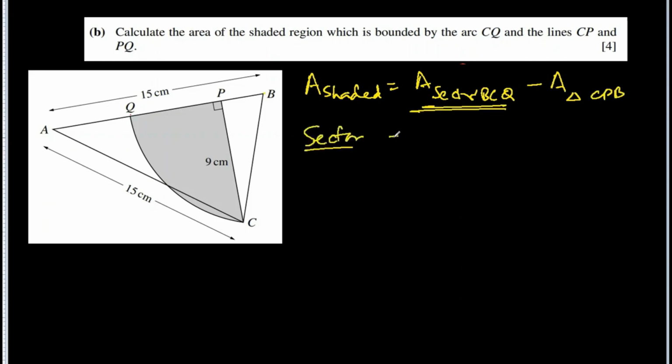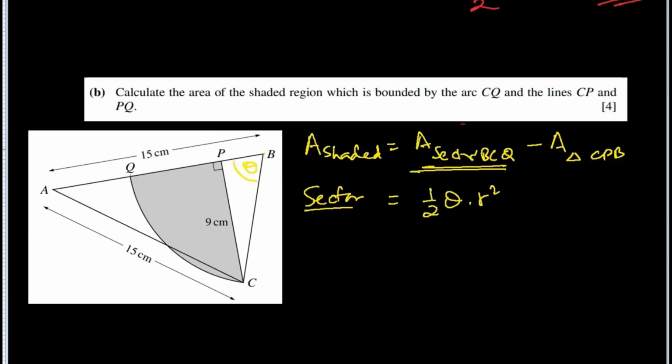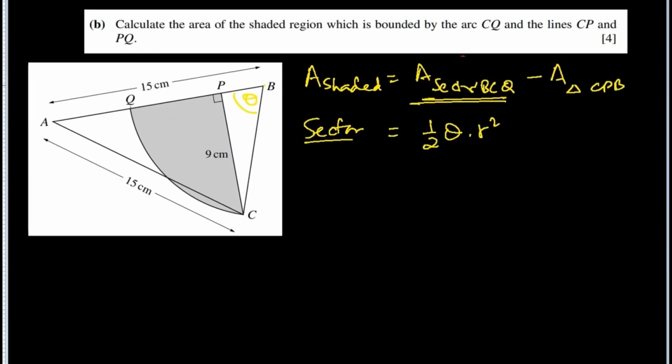Area of the sector is half theta r square, and theta will be the angle at the center of this sector. In the first part we showed it was 1.25 radians, and we will use the same. So it will be half times 1.25 radians, and radius is not known to us.